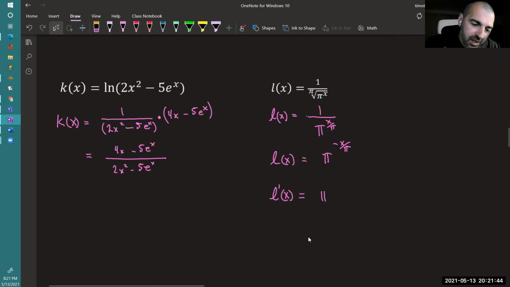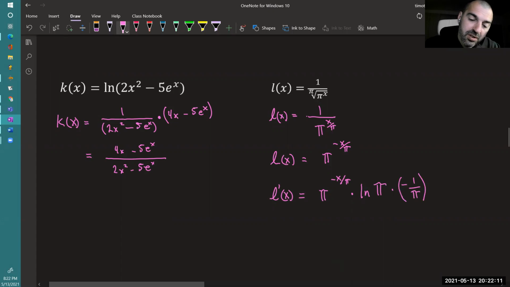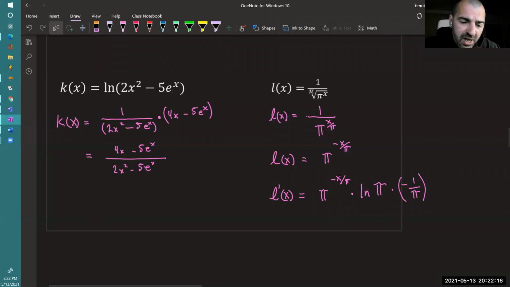So pi to the negative x over pi, okay, times the natural log of the base times the derivative of the exponent position, which is a negative 1 over pi. Okay. I'll put some parentheses around that. Yeah, because the derivative of negative x over pi is negative 1 over pi.